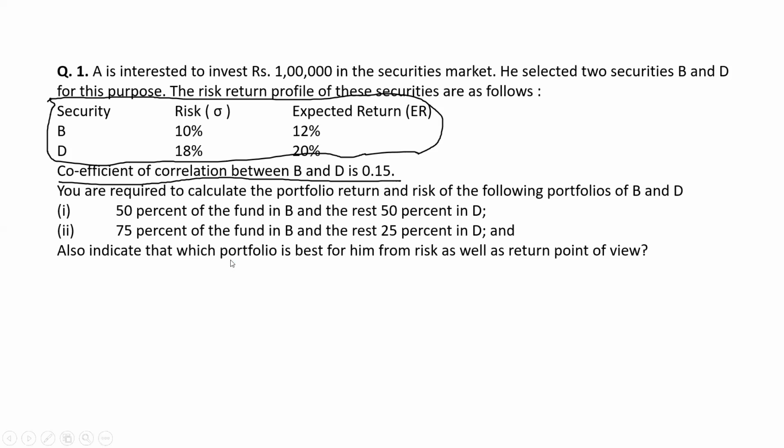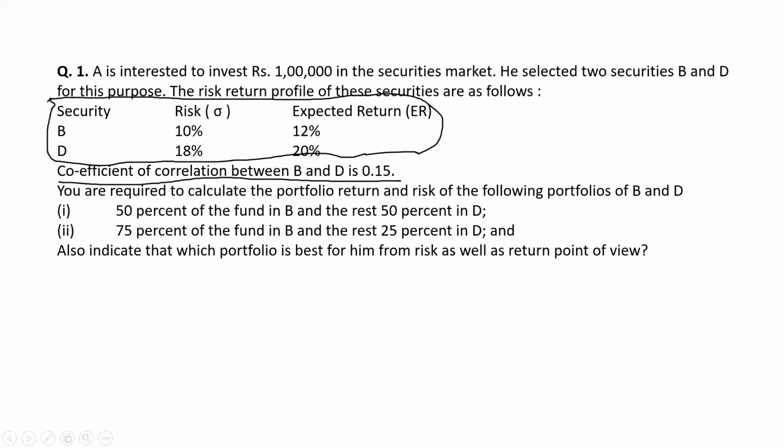Also indicate which portfolio is best for him from risk as well as return point of view. If you remember, we have solved a sum on this risk and return. When we have to consider both, then what we can calculate? Do you remember? Both risk and return we have to consider. So we can calculate coefficient of variation.